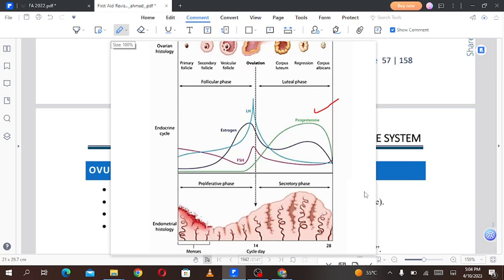In the meanwhile, during the follicular phase, the follicle is maturing. Initially the menses take place, and then by the 14th day the estrogen causes increased glandular hyperplasia in the endometrium.